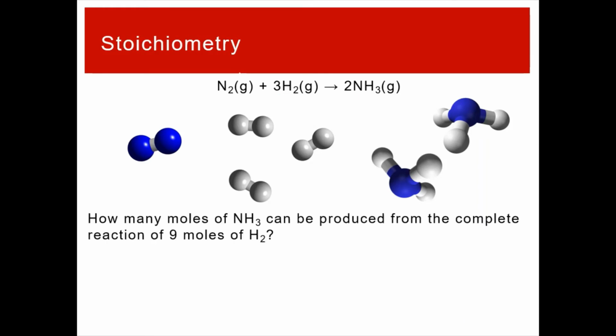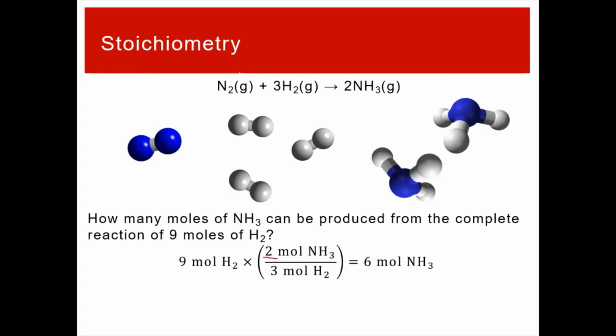How many moles of NH3 can be produced from the complete reaction of 9 moles of H2? So this is kind of a more practical scale. If you're actually doing this reaction, you would be counting your amount of substances by moles. Remember, mole is kind of the relevant amount of molecules. But we still use the same coefficients.